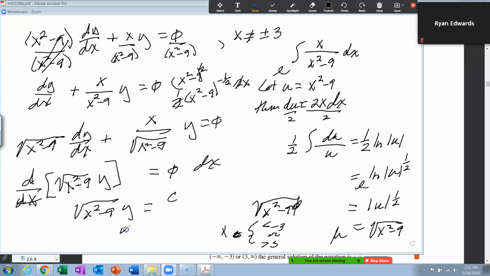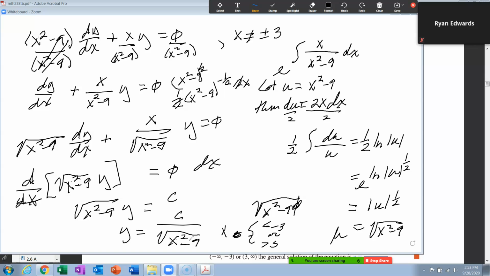And that means that y is equal to that constant over the square root of x squared minus 9. Now all our conditions are still applying, okay? x can't be plus or minus 3. That would give you a 0 in the denominator. And x either has to be less than minus 3 or greater than positive 3, because otherwise you have a negative under a radical.